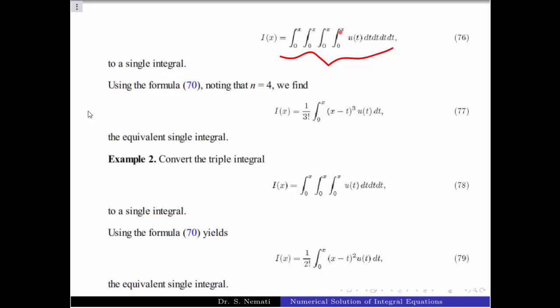Here, it is completely clear that we have 4 times integration of the function u, so we have 1 over 4 minus 1 factorial, 3 factorial, the integral of x minus t to the power 4 minus 1, 3, u dt. And here we have 3 times integral, so n is 3, and this is equivalent to 1 over 3 minus 1 factorial, 2 factorial, the integral of x minus t to the power 2, which is 3 minus 1, u dt.